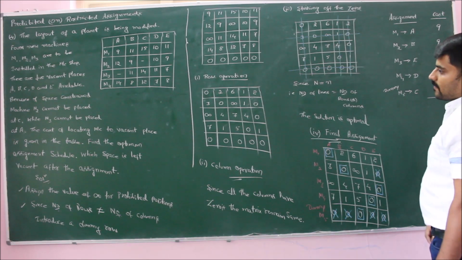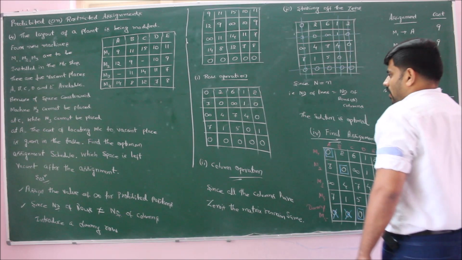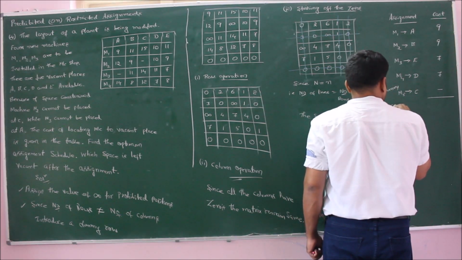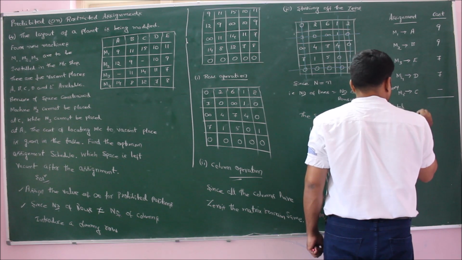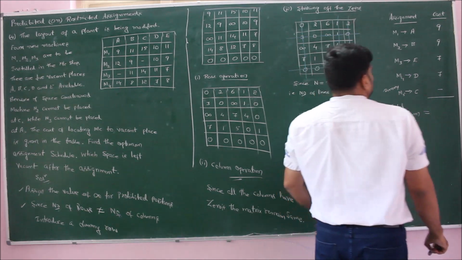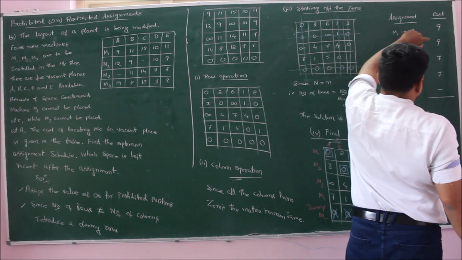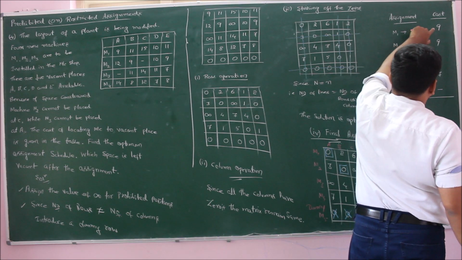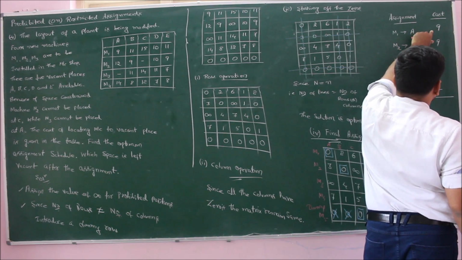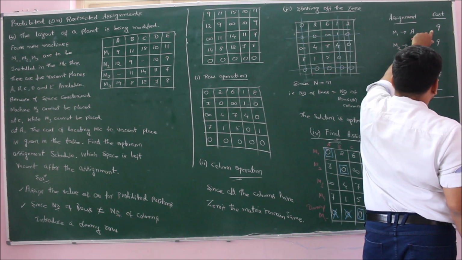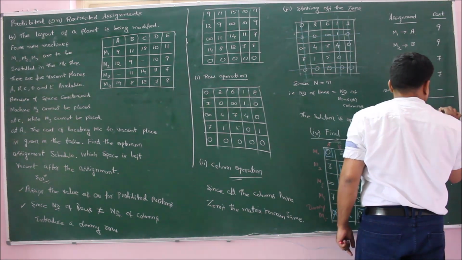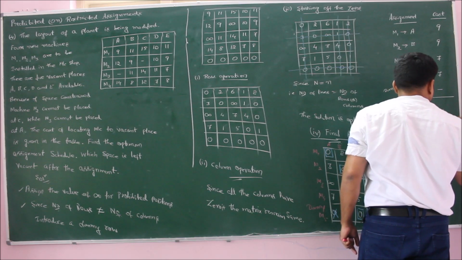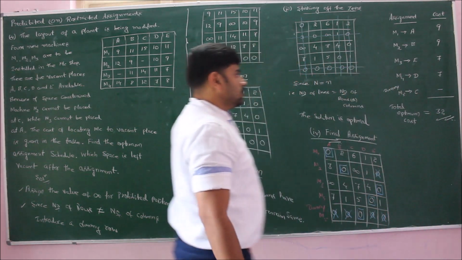So therefore, the total optimum cost is 7 plus 7 is 14, 9 plus 9 is 18, 18 plus 14 will be 32. So the answer is 32.